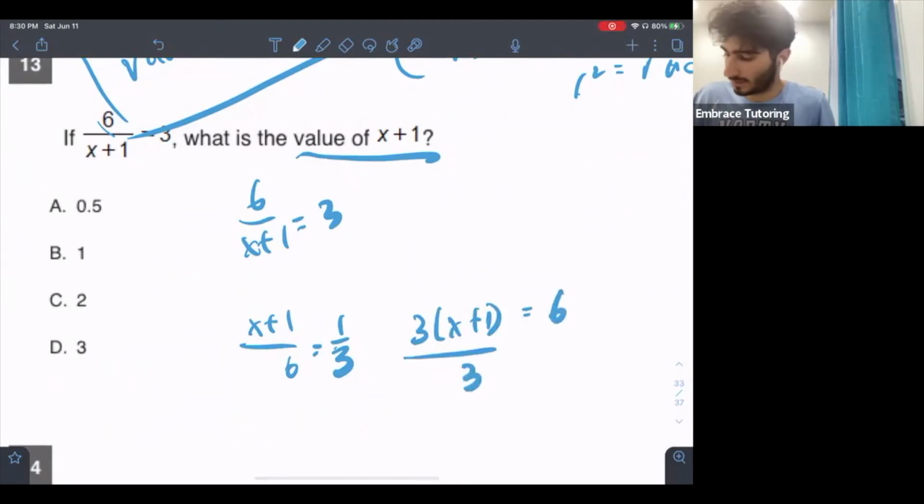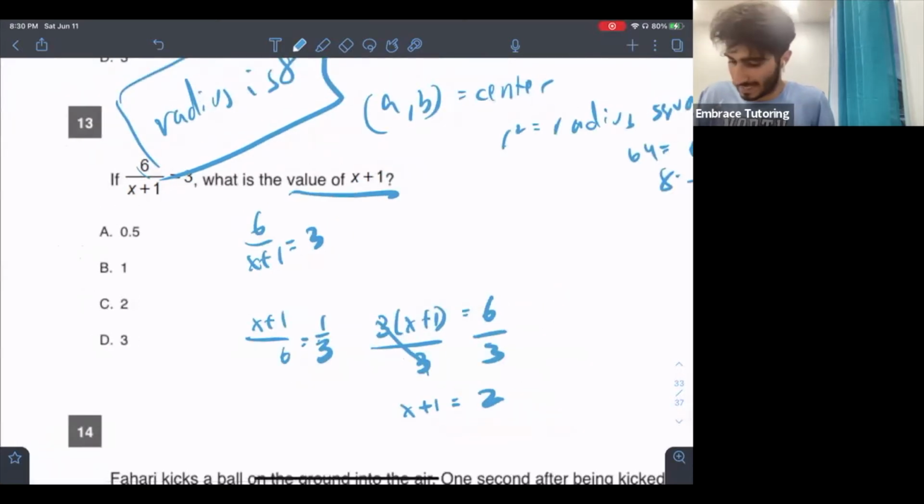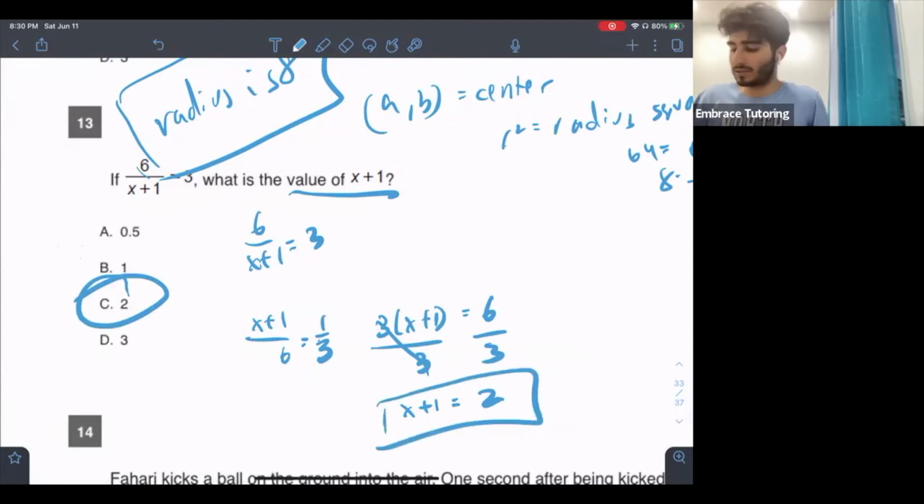Then divide everything by 3. X plus 1 gives you 2. That is your answer, choice C. That's a very simple and easy way to solve this type of question using reciprocals.